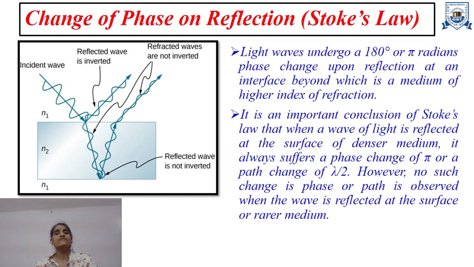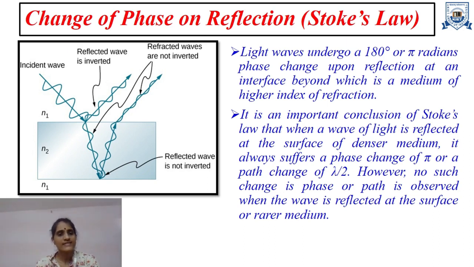And at the last, we have a law, that is Stokes law of reflection, which we are normally going to apply while studying the near future topics. Now, what is Stokes law? If we see the diagram in this slide, N1 and N2 are two mediums. N1 acts as a rarer medium and N2 acts as a denser medium.